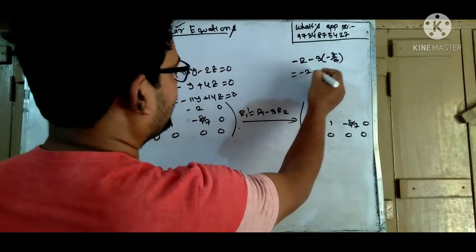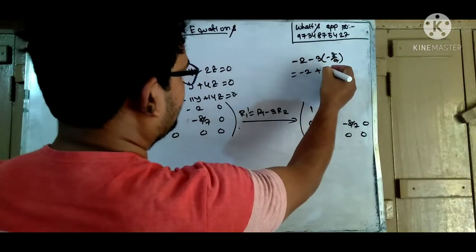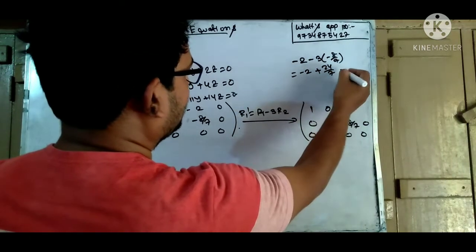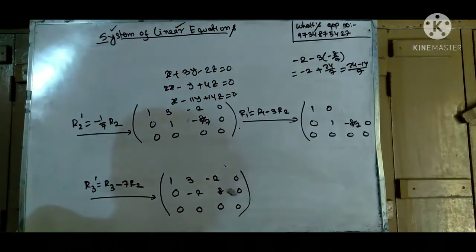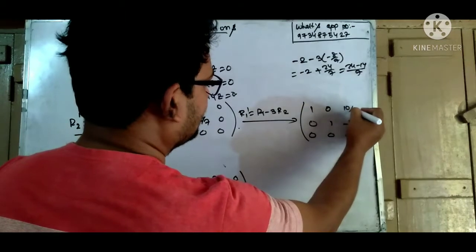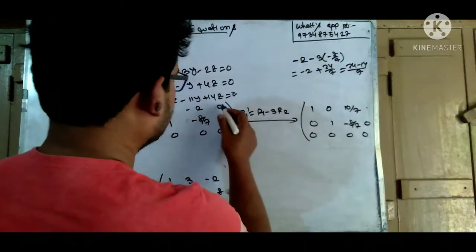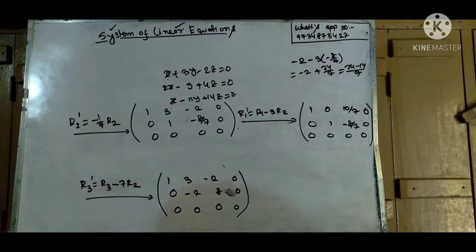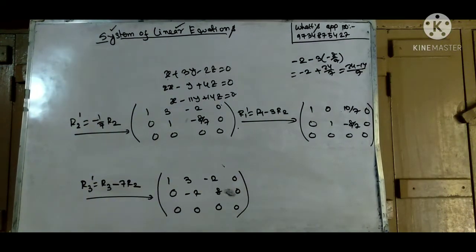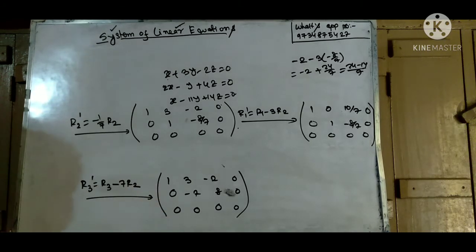Let us simplify. Minus 2 plus 24 by 7. That means 24 minus 14 by 7. That means 10 by 7. Or here 0. So this is the row echelon matrix of the given augmented matrix. Clear? Just a minute. Okay.